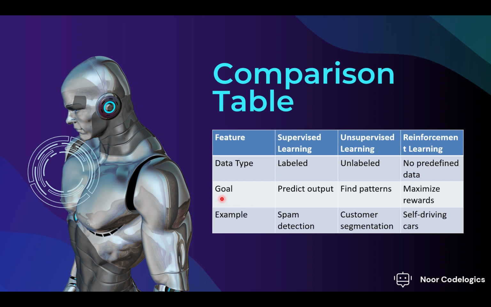The goal of supervised learning is to predict the output, the goal of unsupervised learning is to find patterns, and the goal of reinforcement learning is to maximize rewards by interacting with the environment. For examples, we can use supervised learning for spam detection, unsupervised learning for customer segmentation, and reinforcement learning for self-driving cars, like the cars produced by Tesla.